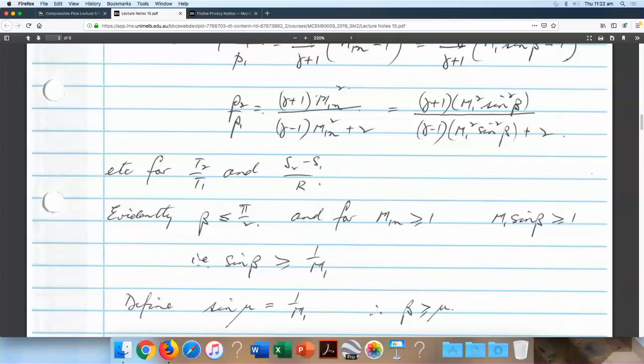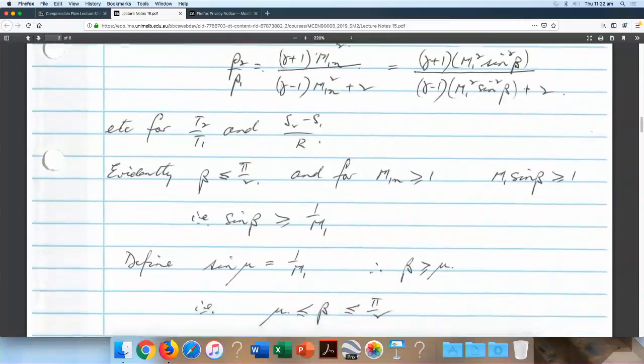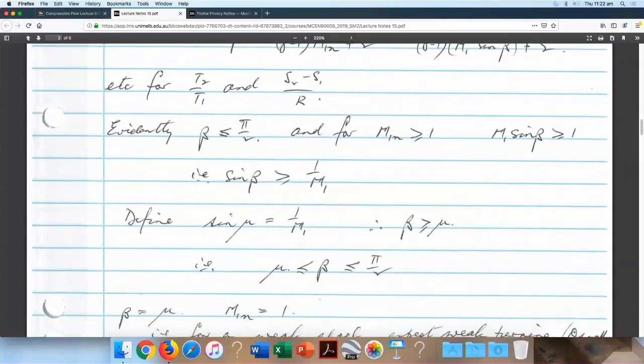Since M1 has got to be greater than 1, sine beta has got to be less than 1, and if sine mu is equal to 1 upon M1, it means that beta has got to be greater than mu. So beta, this oblique shock angle, can vary between the Mach angle mu and pi on 2.